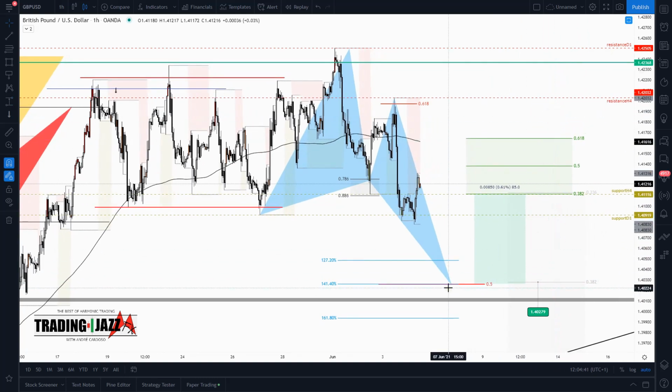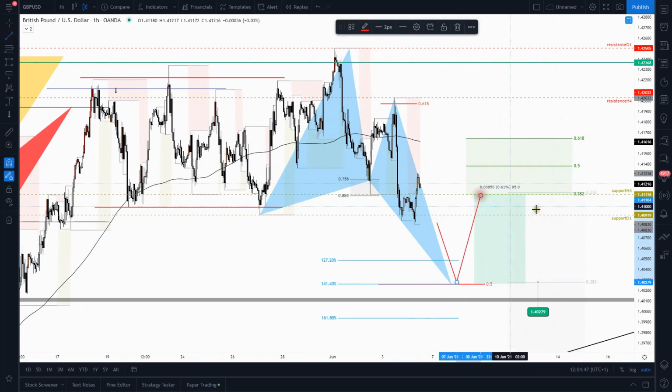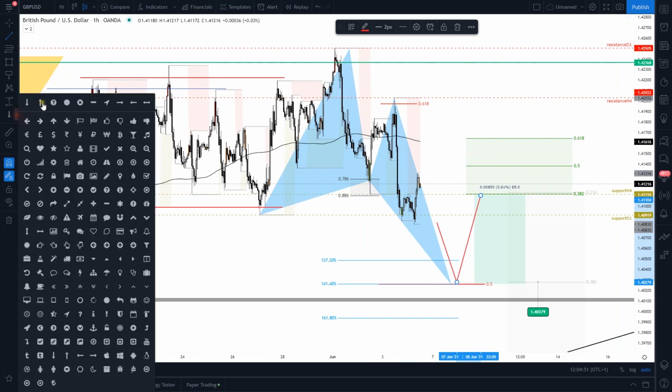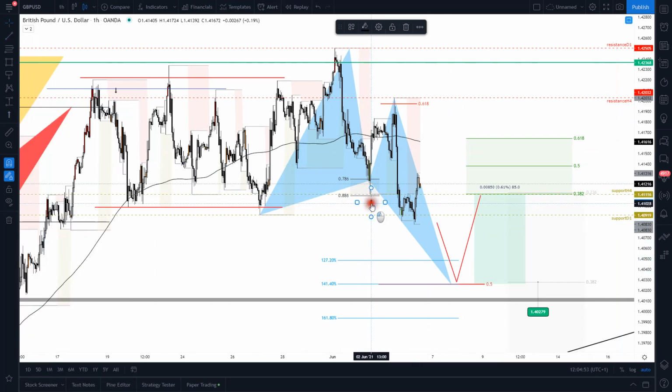that pattern, if formed, will suggest a retest of the previous structure support level. As you can see, previous fractal right there. And in fact, let's adjust some of those fractals for the cable, because those are not correct anymore.